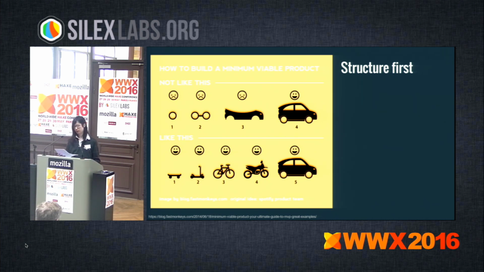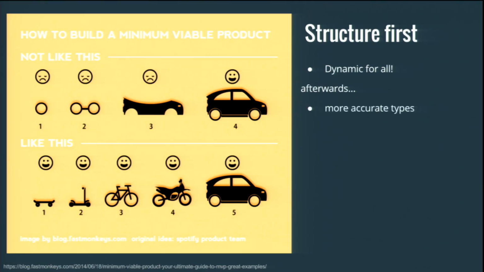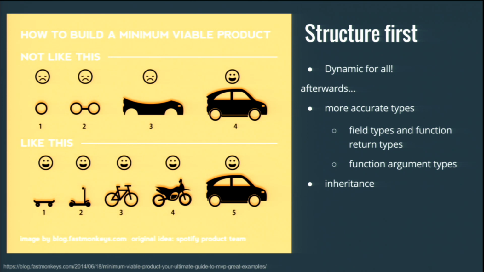Then afterwards you can try to refine it with more accurate types: give the actual types for the field types, function types, and function return types, and then the next step you can figure out the function argument types, and then at some point you want proper inheritance to reflect that in the extern files, and then you can even pull the docstrings in the native library into the extern files.